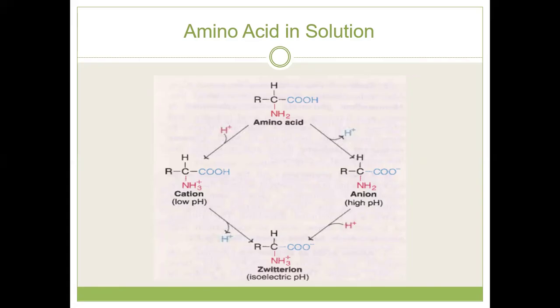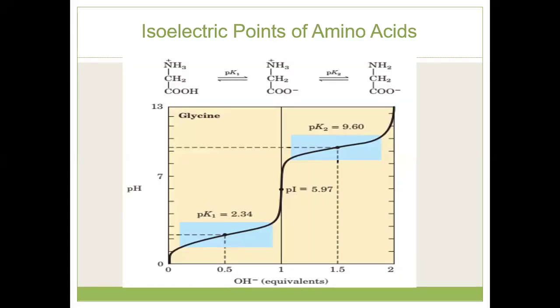The positive and the negative cancel each other, therefore making it a neutral ion. How does an amino acid become neutral? It is neutral at a particular pH we call isoelectric pH. Each amino acid has its own isoelectric pH, and that amino acid is neutral at that pH.